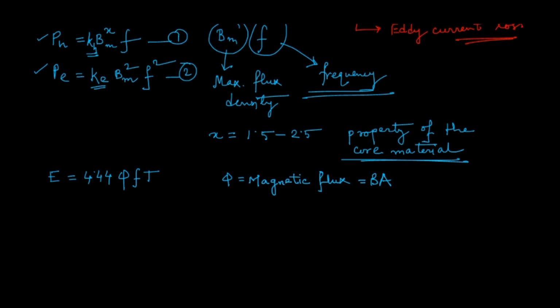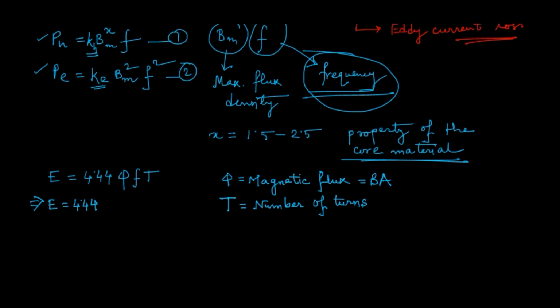F is the frequency and T is the number of turns. We can replace phi with BA. Our objective is to determine the value of B in this equation so that we can replace it into these equations.